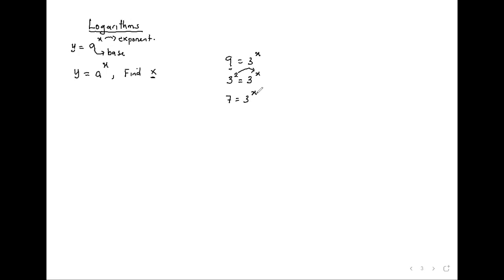This is where mathematicians came together and said, okay, can we introduce a certain function which will have a property that allows us to drop the power? So they said, okay, then I'm going to call a function that is an inverse of this exponential function. So what will be that inverse function? It will be called log. So how will they operate?